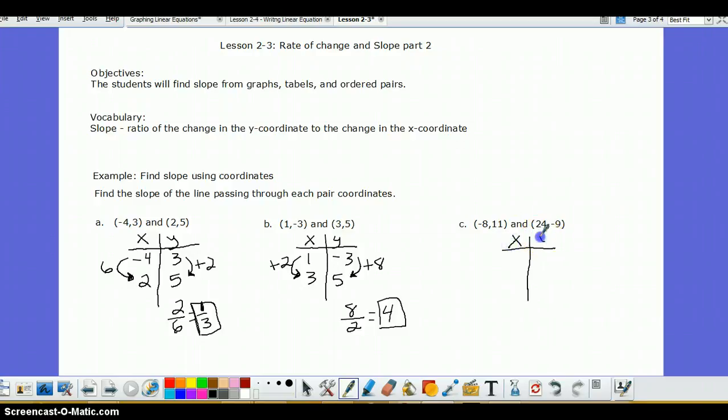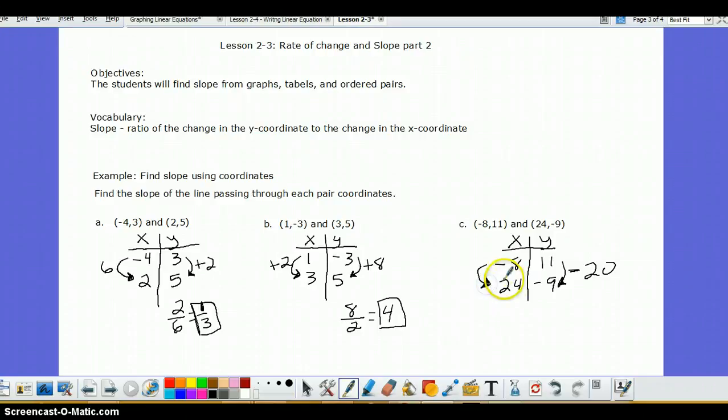Alright, so you should have paused it and returned. So x of -8, y of 11, x of 24, y of -9. Going from 11 to -9 is a decrease of 20.